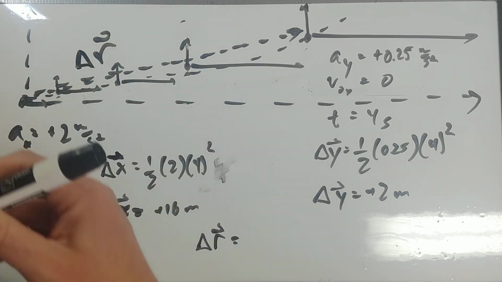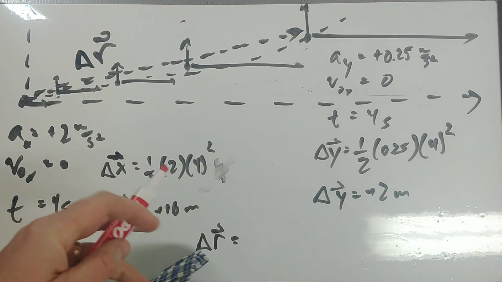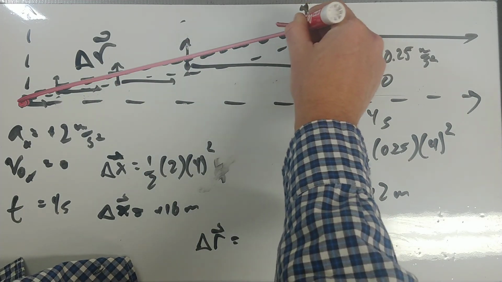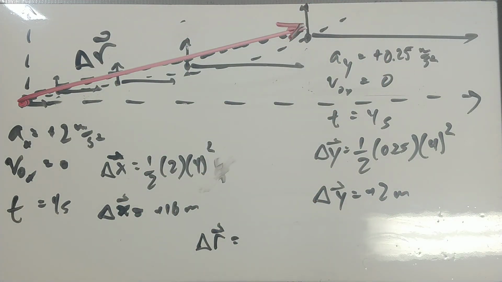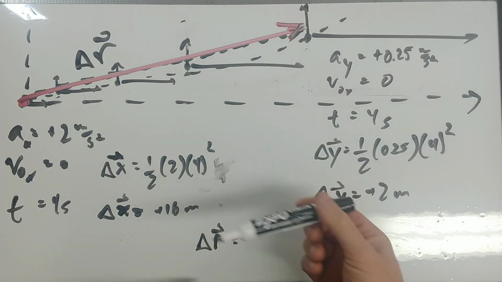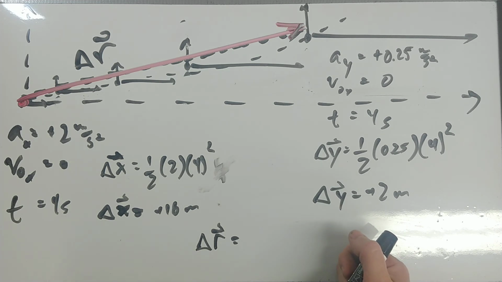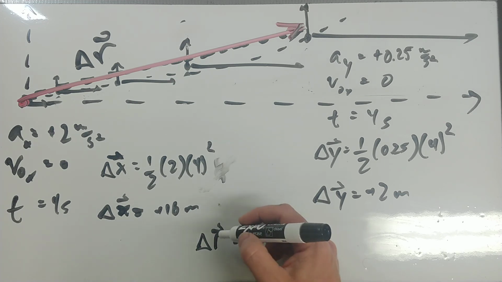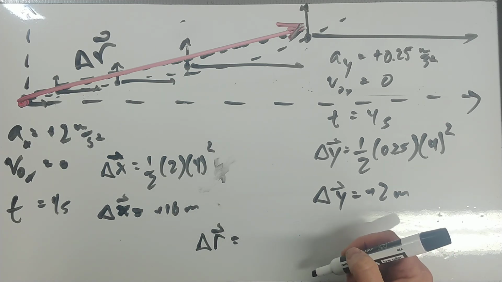The delta r vector would be the displacement vector, the vector from where it started straight to where it finished. Its position would be a specific x and y coordinate, which makes sense written in a little different notation that we'll find out later on.